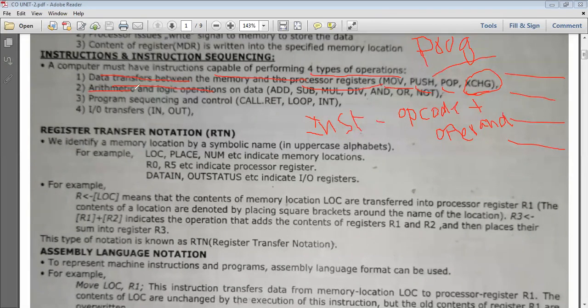Next, program sequencing and control. That means call, return, loop, and interrupts. Program sequencing and control means suppose the program is there. Whether this program is executing sequentially or it may jump to any other place, either a function, whatever it may be.